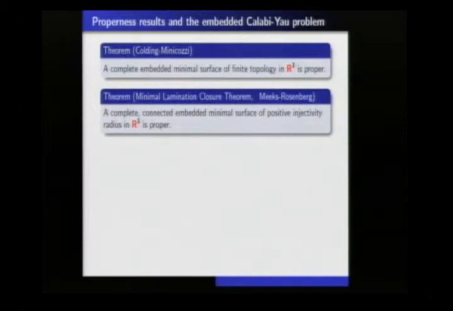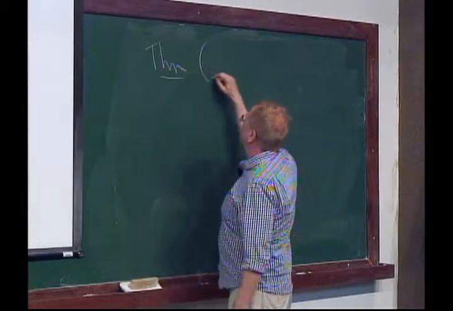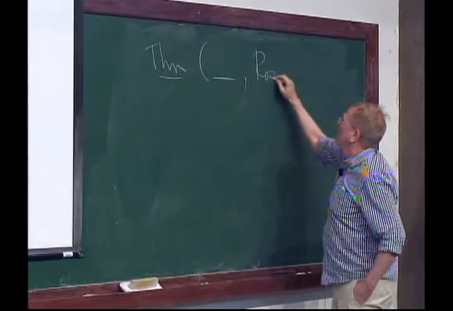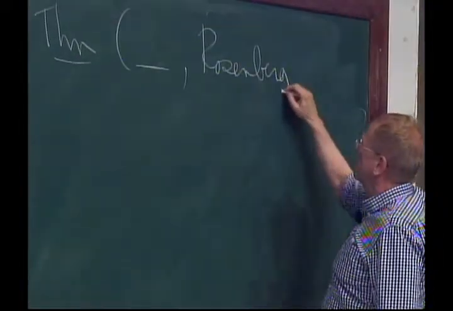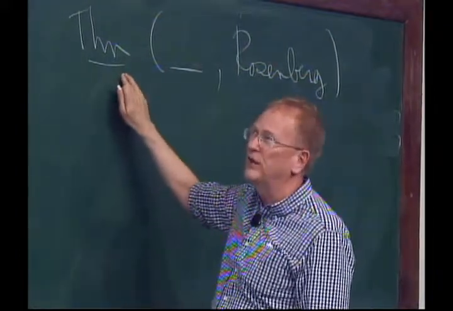And it's based on another theorem, which I'll state here, which is very, very useful, and there are generalizations of it as well to constant mean curvature. I can state those, but I'm going to do it in the minimal case. So this is Meeks and Rosenberg. Now I'm going to state it a little differently than it's stated in the paper. This is in Duke, a few years ago.